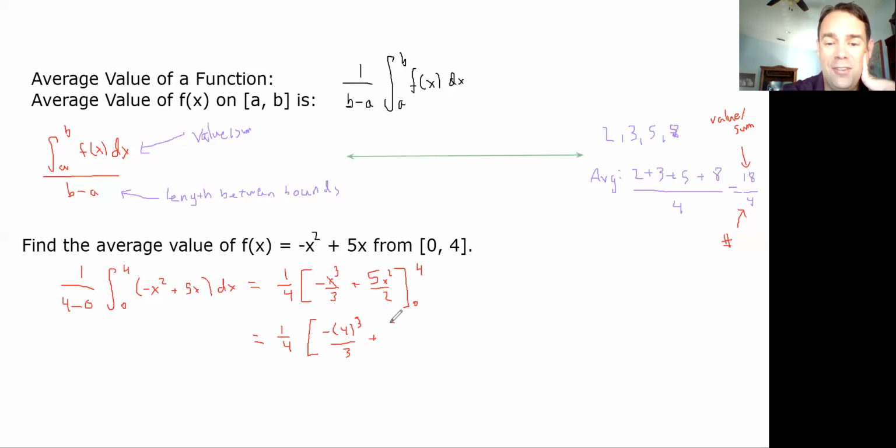Plus 5 times 4 squared over 2, minus negative 0 cubed over 3 plus 5 times 0 squared over 2.